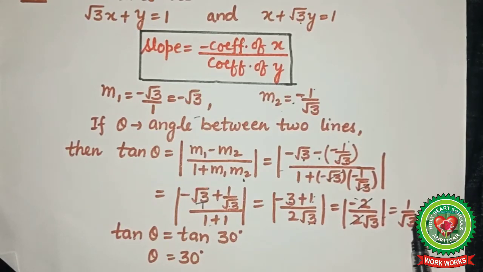Because of mod it will become positive. Now tan theta is equal to 1 upon √3. Also tan 30 degree is 1 upon √3. So in place of it put tan 30. So from here theta is equal to 30 degrees. In this way we can find the angle between the two lines.